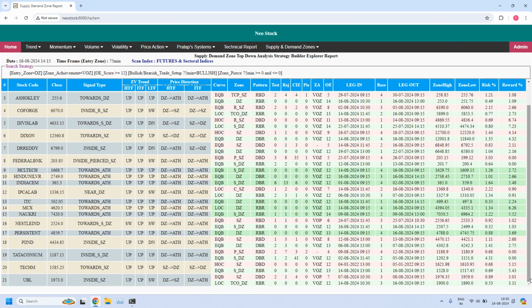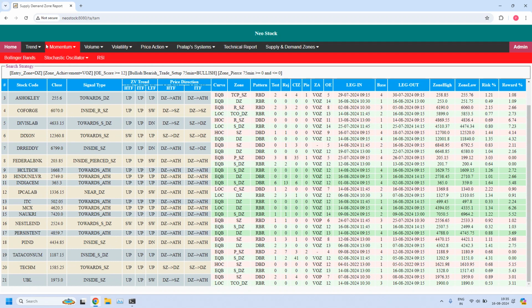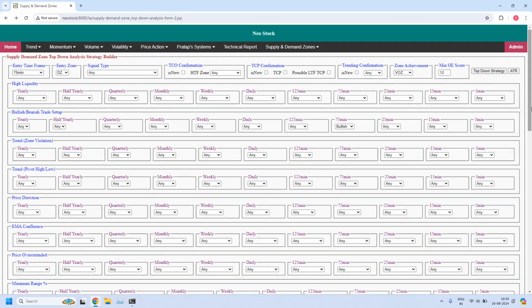Now let's identify out of these 21, how many are having confluence with intermediate time frame ITF. So for 75 minutes as the LTF, ITF is a daily. So we should look for 75 minutes and daily demand zone confluence.